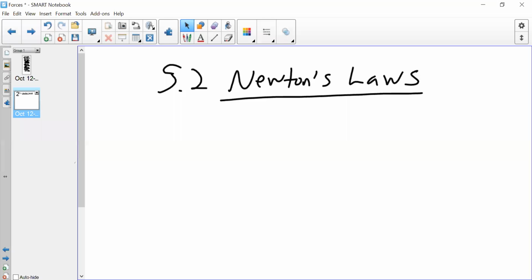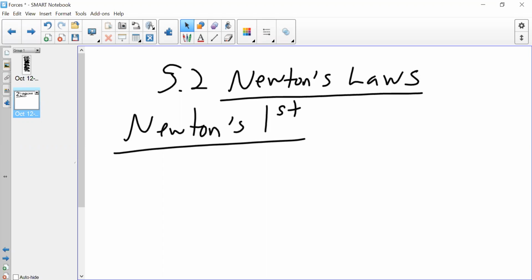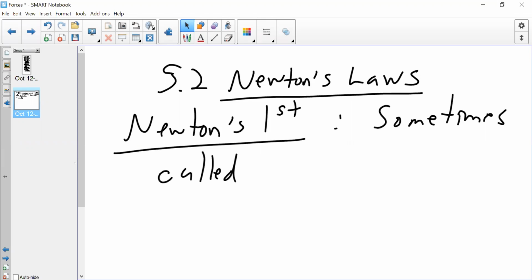Again, we talked about the first law already, so we should be quite familiar. Get to the second and third laws. So on the previous slide, we defined it. So this is sometimes called the law of inertia.